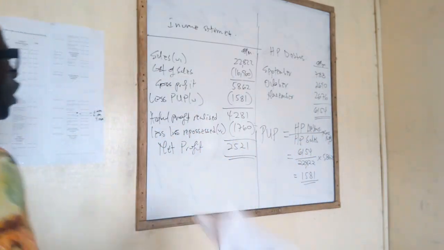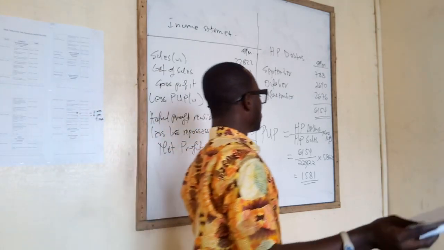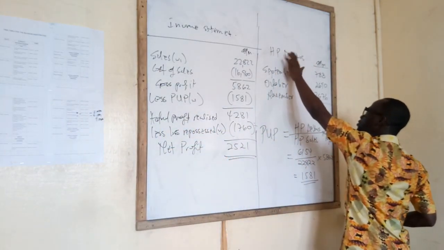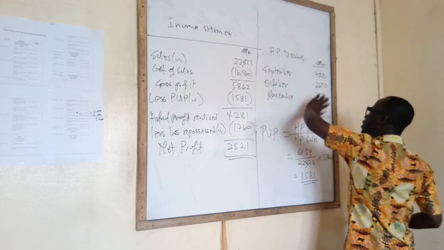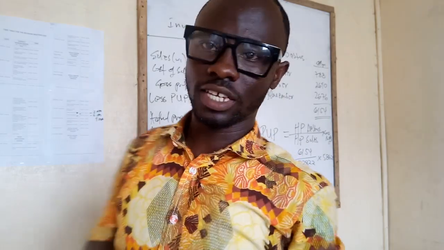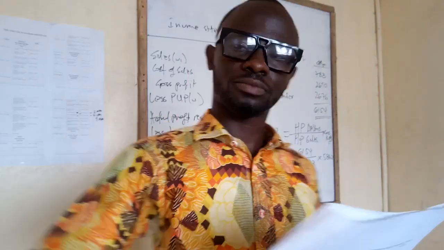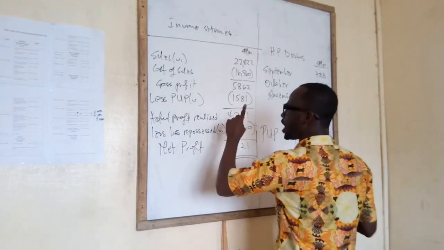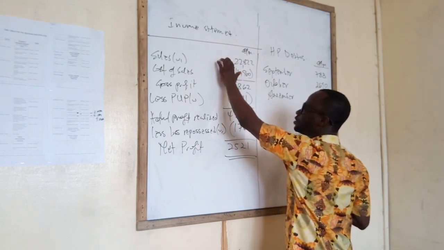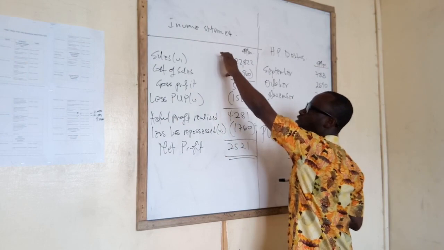In the balance sheet, the only thing that will come there is the hire purchase debtors. That's the only thing that will come there under this circumstance. Now, you saw that we calculated the sales figures and the cost of sales.